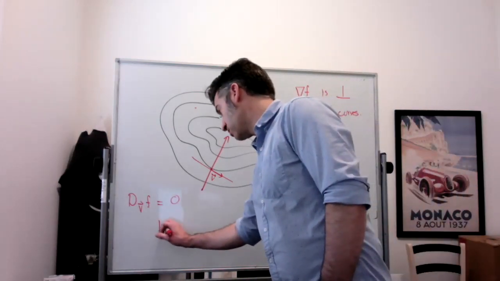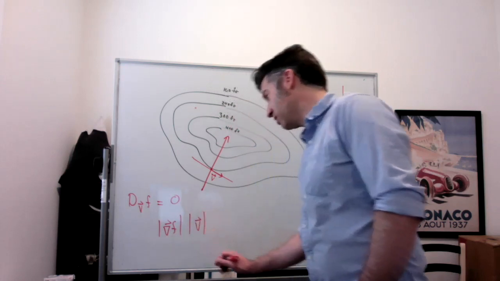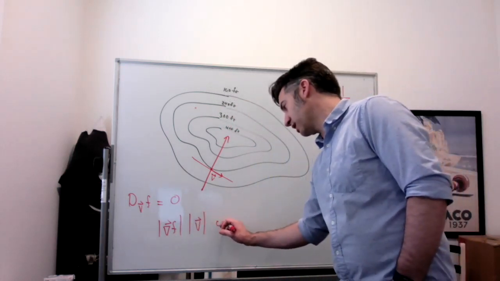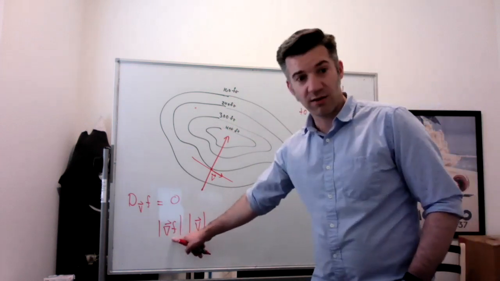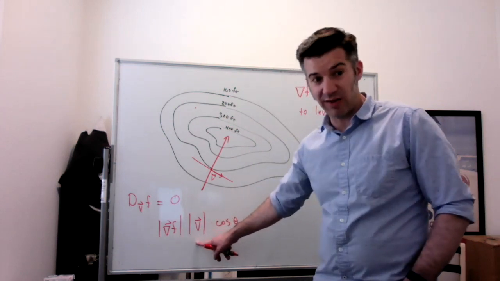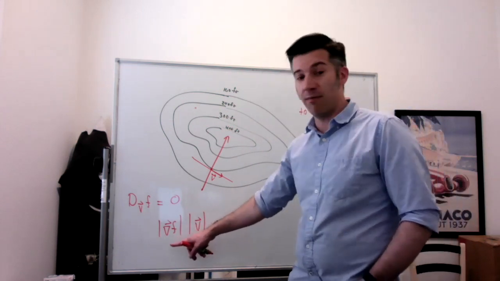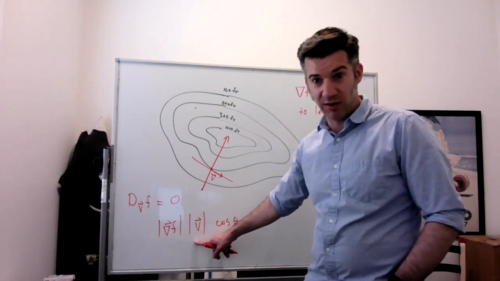But I know how to calculate the derivative. It's the magnitude of the gradient times the magnitude of the vector v times cosine of the angle between them. The gradient doesn't have a magnitude of 0. This unit vector does not have a magnitude of 0.